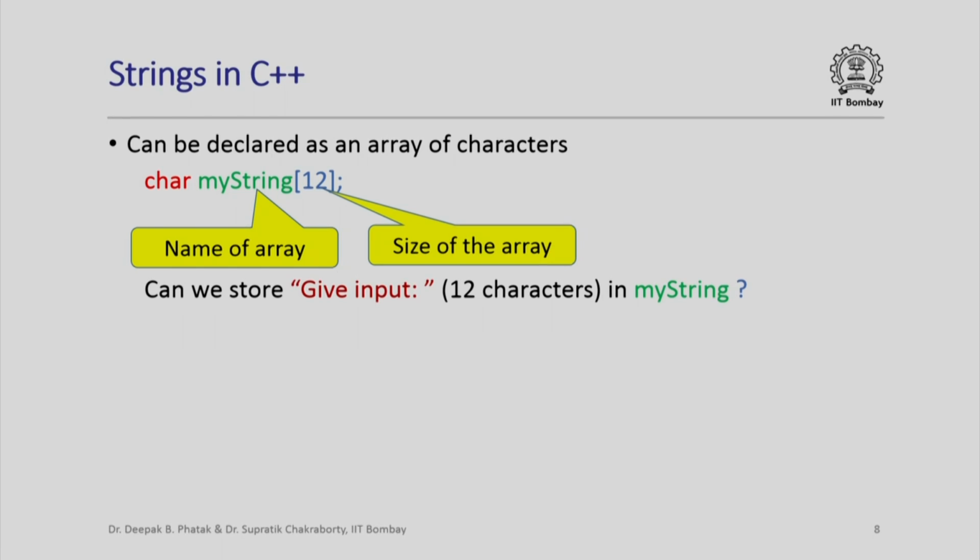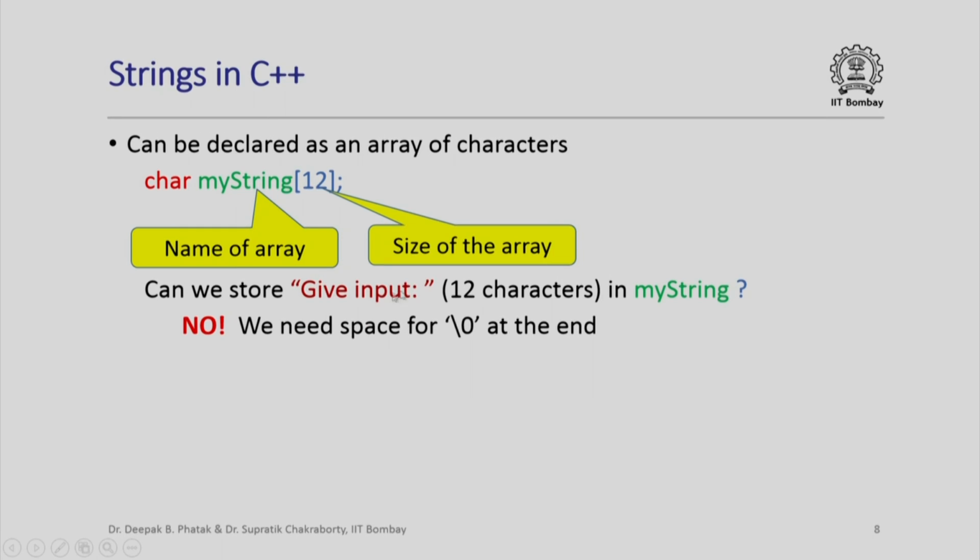And now suppose you look at this array of characters and suppose I ask you, can we store this string give input colon space, which has 12 characters in all, in this array? So, what do you think it would be? The answer is no, because there are only 12 spaces in this array.